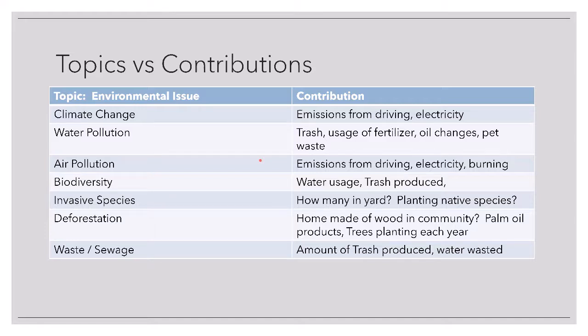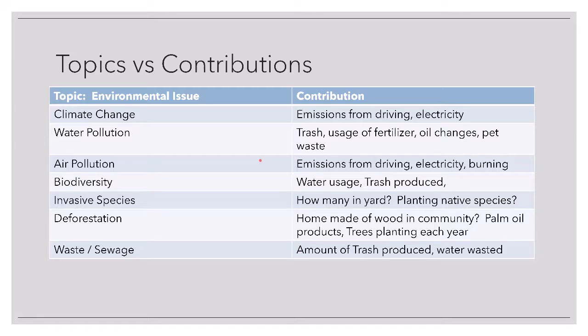For palm oil trees, people will go into the rainforest, cut down all the native trees, and plant palm oil trees so they can produce this crop, and that contributes to deforestation. So you're indirectly contributing to it because you are consuming these products that help foster deforestation.